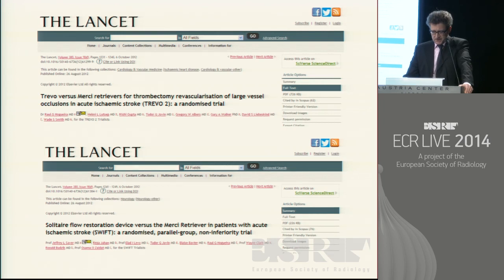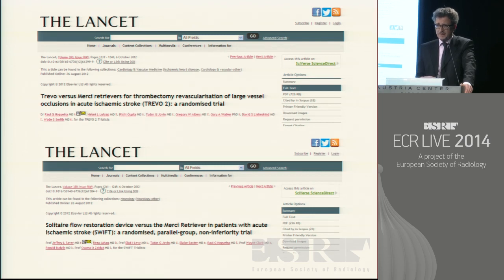There are 2 other papers out, published in Lancet, probably not as high-ranking as the New England Journal of Medicine, but close to God. And these 2 papers compare the old mechanical systems we used, like the Mercy retrievers, to modern devices we use, the stent retrievers. And both trials could show that the efficacy and the recanalization rate were much better with modern stent retrievers compared to the old mechanical systems.